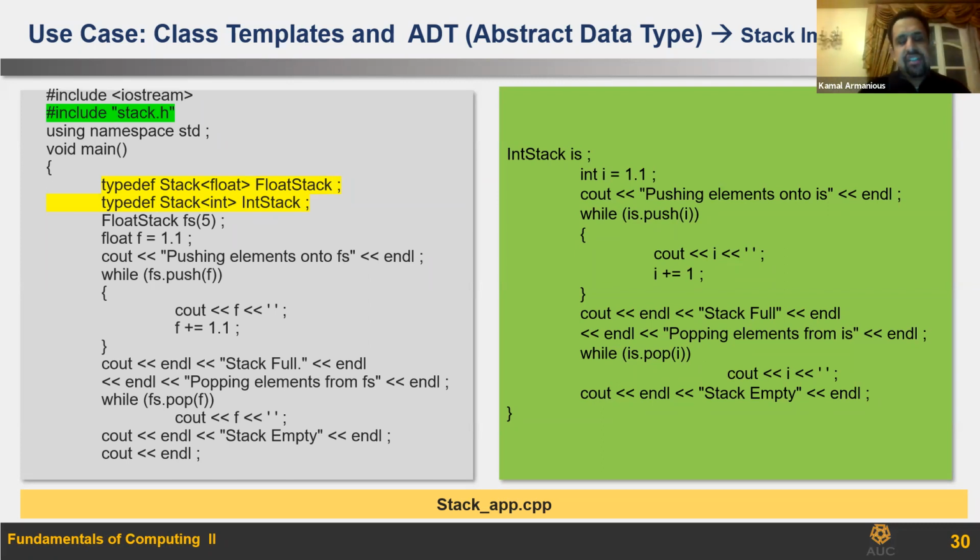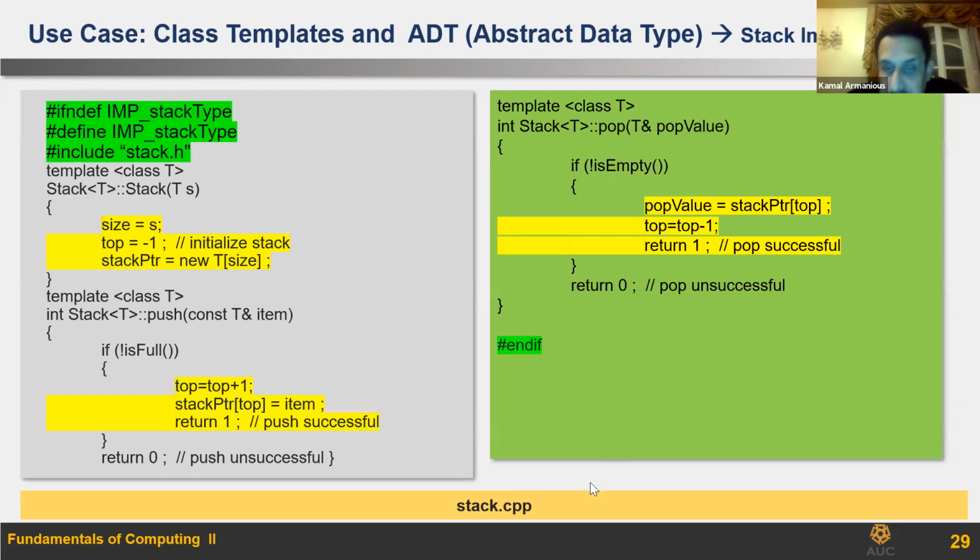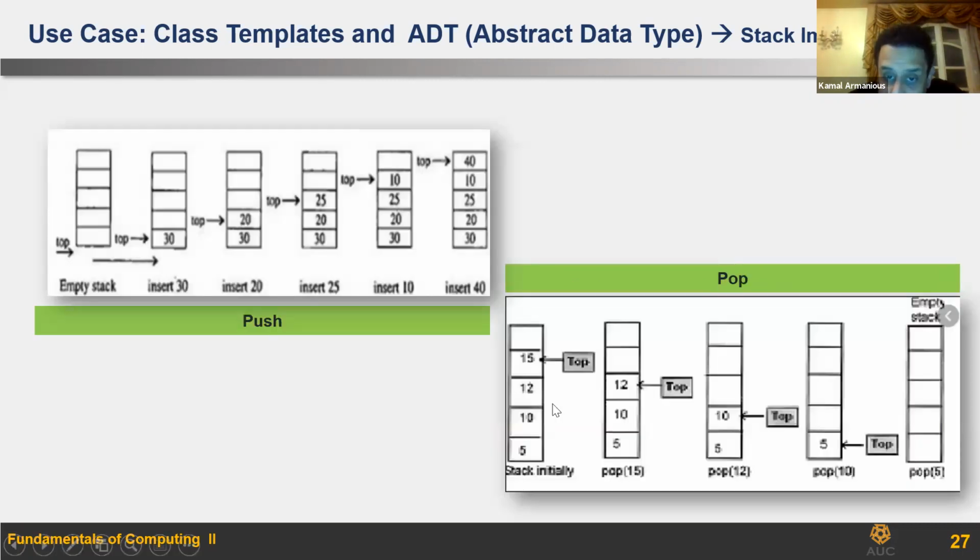خلاص? If you don't know what a stack is, we will know in the next lecture. So I want to have a stack of numbers, an array of numbers that are integers. I want to have another stack where the numbers are float.